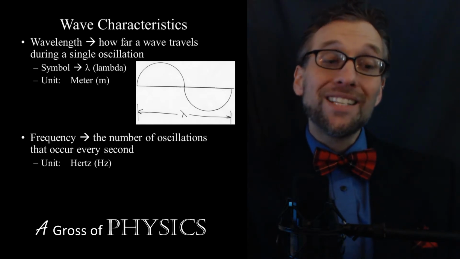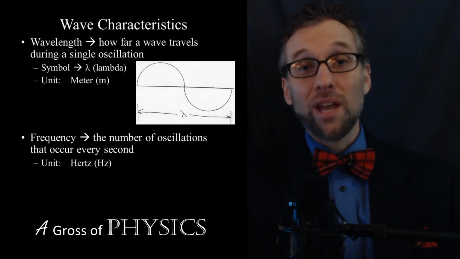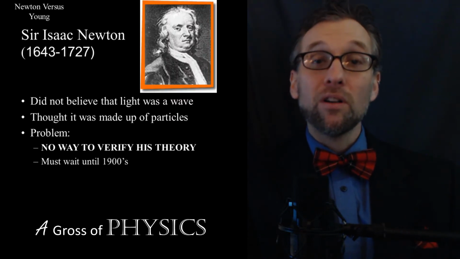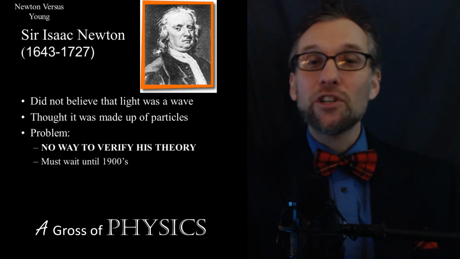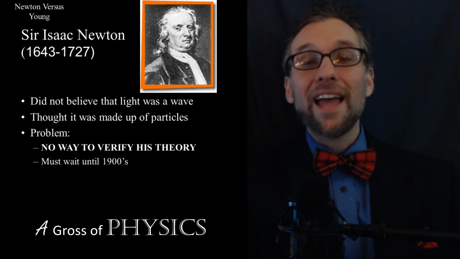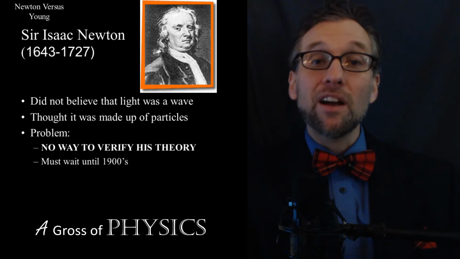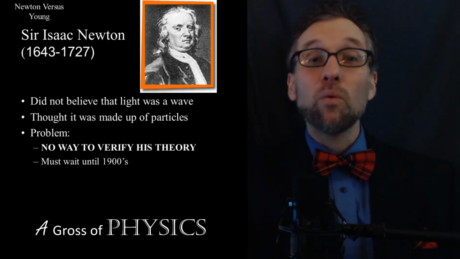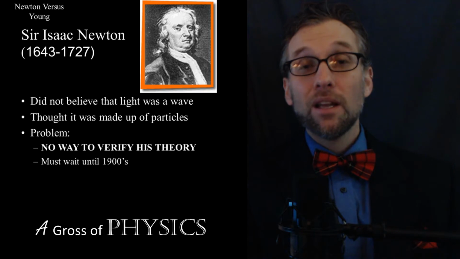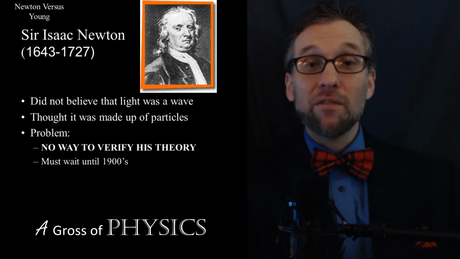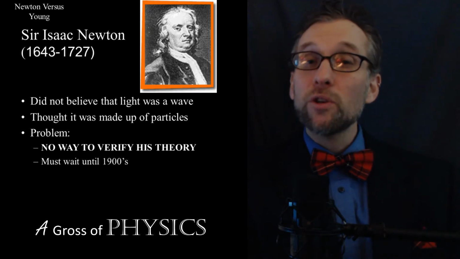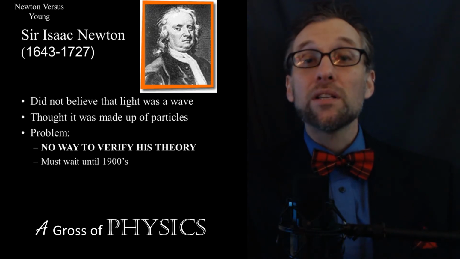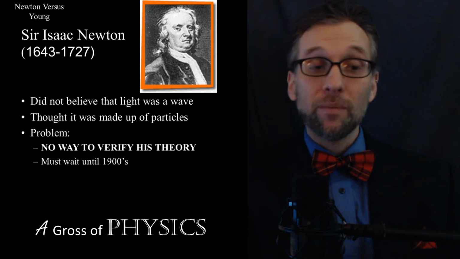Now, Newton did not believe that light was a wave. Light was a particle as far as Newton was concerned. Unfortunately, it was just a hunch. So Newton didn't have the capabilities of determining that light was indeed a particle. Now, light was a wave for his contemporaries, and he understood that light was a wave, but he also believed that light could act as a particle.